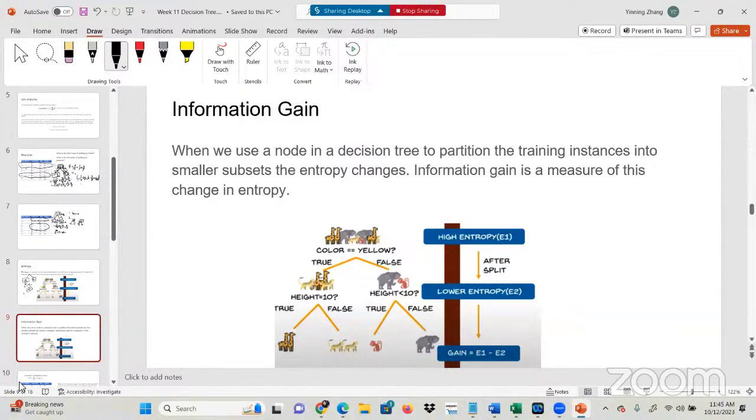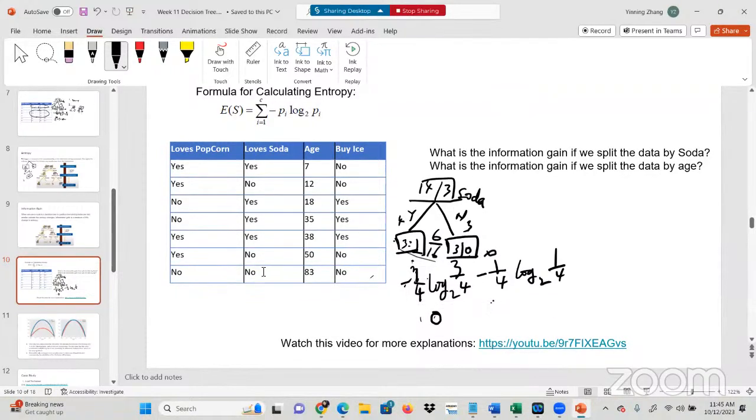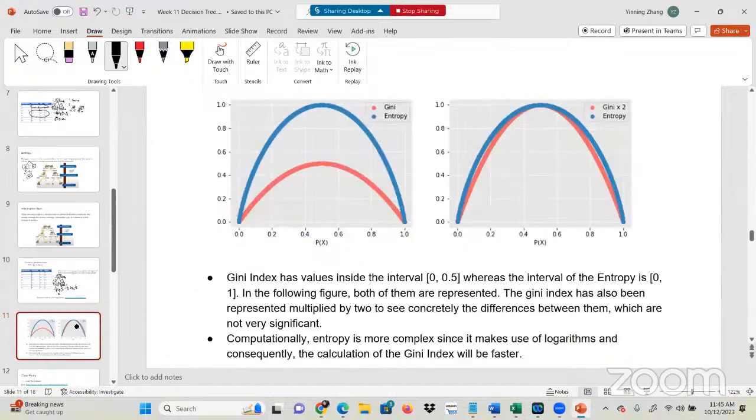Okay, I'll leave you to calculate this, and if you don't fully understand, there's also an additional video to explain this concept. But usually the Gini impurity and the entropy values are similar. For example, when the probability is 0, then the impurity and the entropy value are 0.